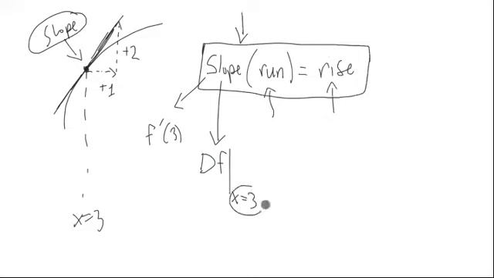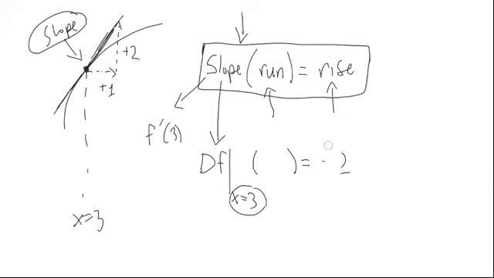So at a particular input value, it's going to represent this function. This function will change per input value. So at x equals 3, I know the slope is 2. So for instance, if I input a run of 1, the output, the rise, will be 2. I can change this up a little bit.